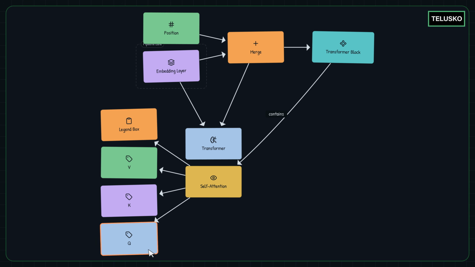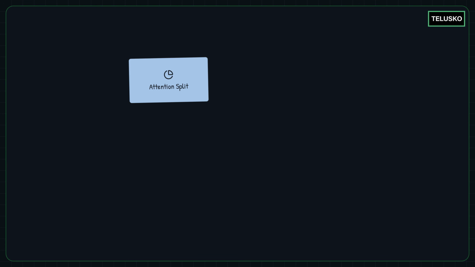You can see the Q tag handles the search, the K tag handles the match, and the V tag holds the payload. Next, let us look at how those matches become actual percentages and why every token's attention always adds up to exactly 100%.